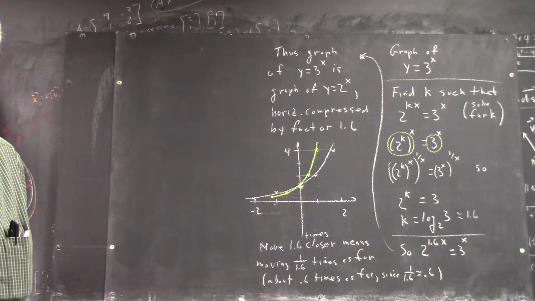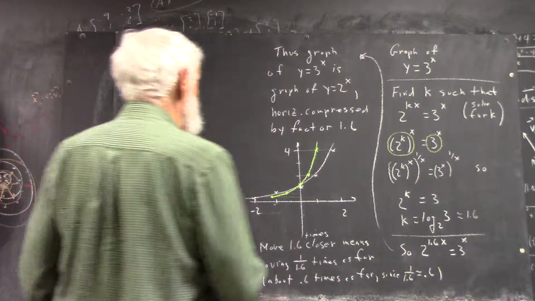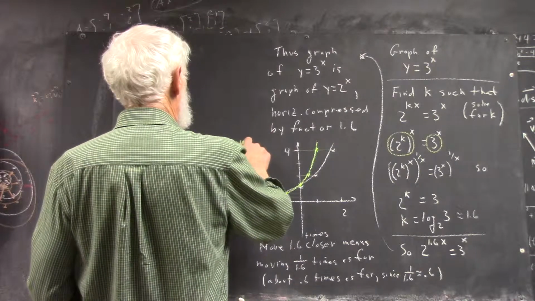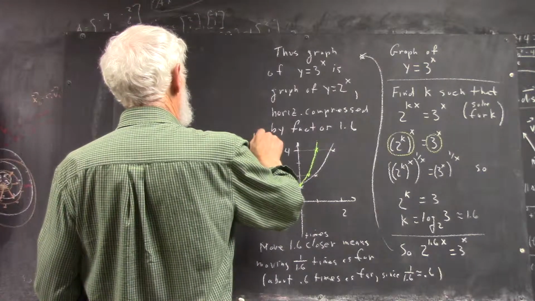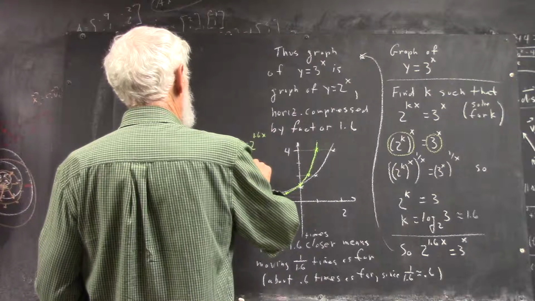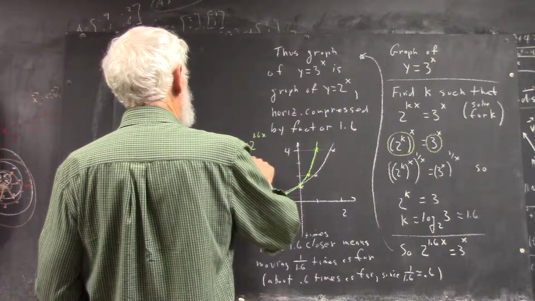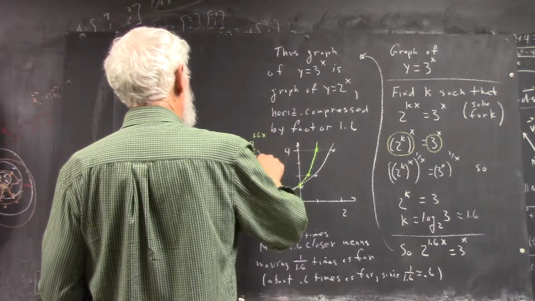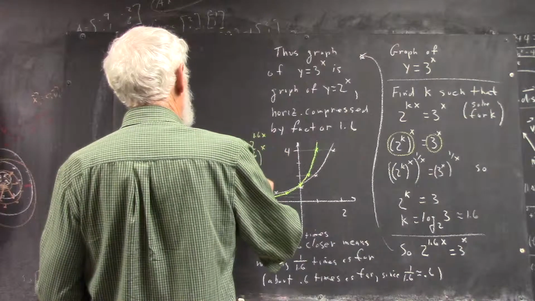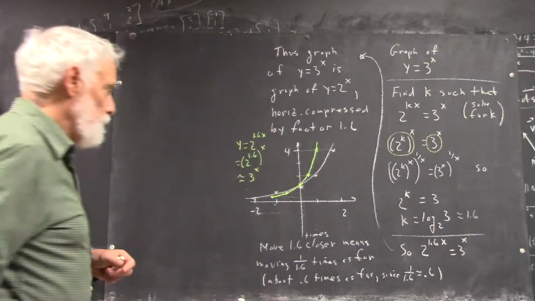Okay? And that would be an approximate curve for y equals 2 to the 1.6x, which equals 2 to the 1.6 to the x, which is approximately equal to 3 to the x.